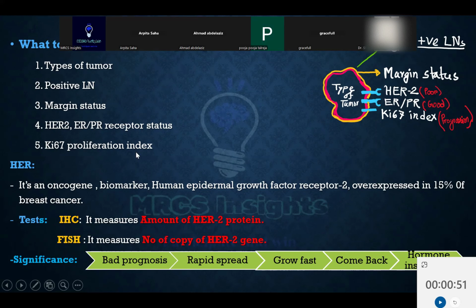Ki67 proliferation index. Pooja, you missed it. No problem. Let's remember something. Assume that this is a tumor.